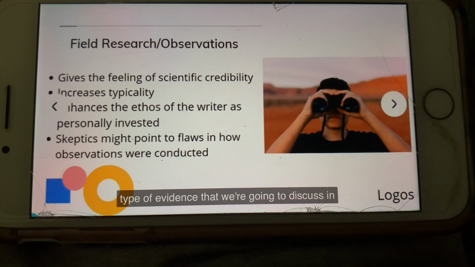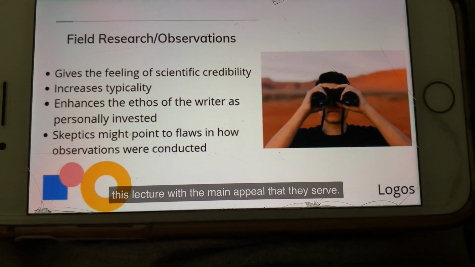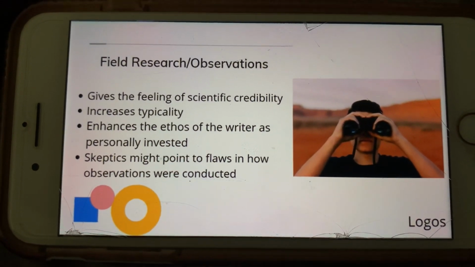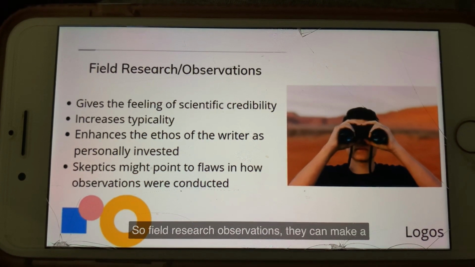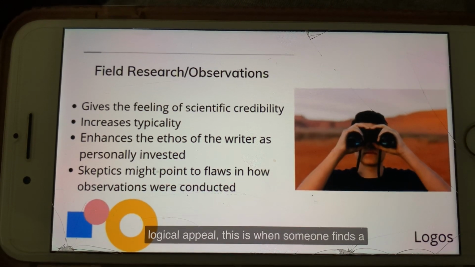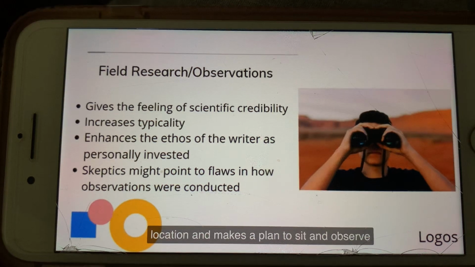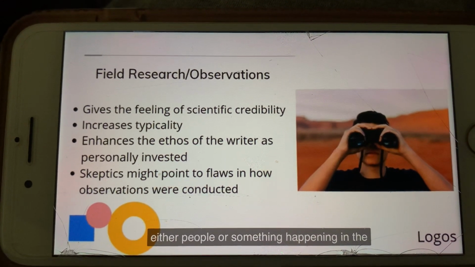This is when someone perhaps picks a location to sit and observe people, or sit and observe natural phenomenon, or maybe it's a camera they set up. Maybe they visit a place over a set period of time in order to record notes. This type of evidence can give the feeling of scientific credibility to an argument. It increases typicality, which means that it will likely have a large enough sample size.